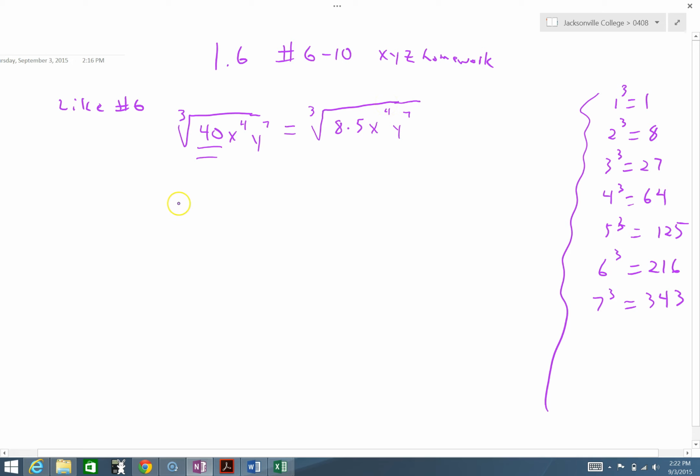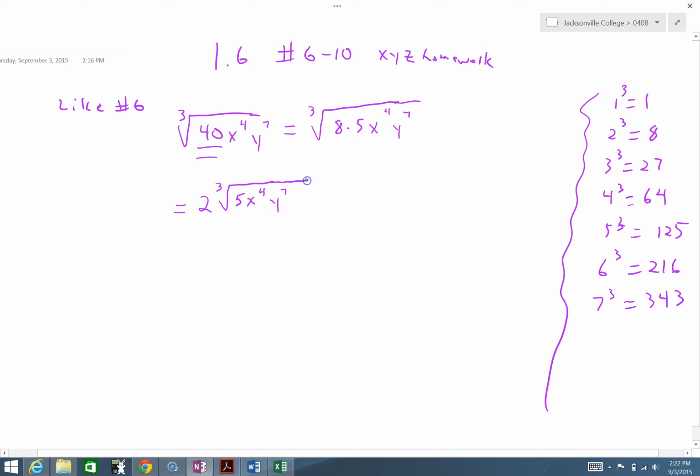So the cube root of 8 is 2. It comes out. I have 2 cube root. The 5 remains underneath the radical sign, x to the 4th, y to the 7th.